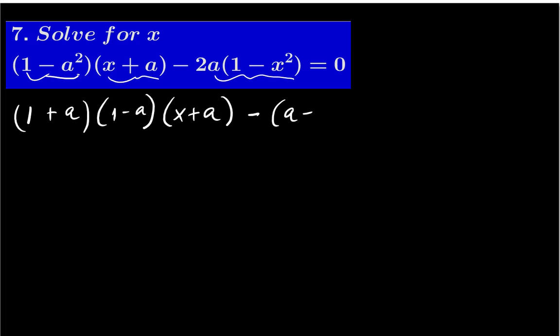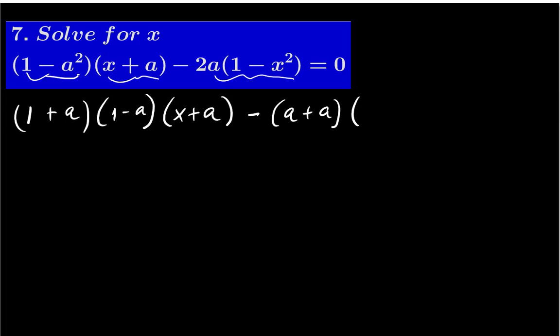These are all factors, okay? So if I get smart here, I say 1 minus a squared is (1 plus a) factoring (1 minus a), then factoring (x plus a), and also I know that 2a is a plus a, okay?